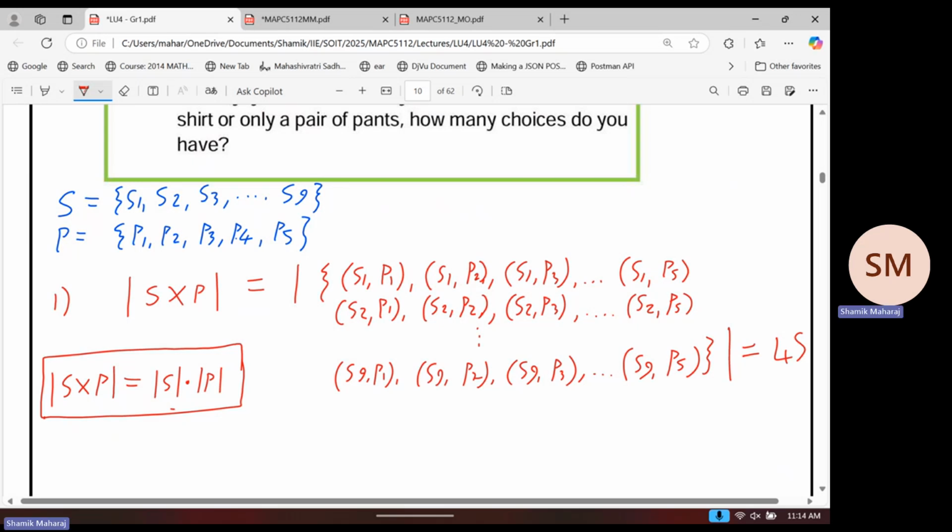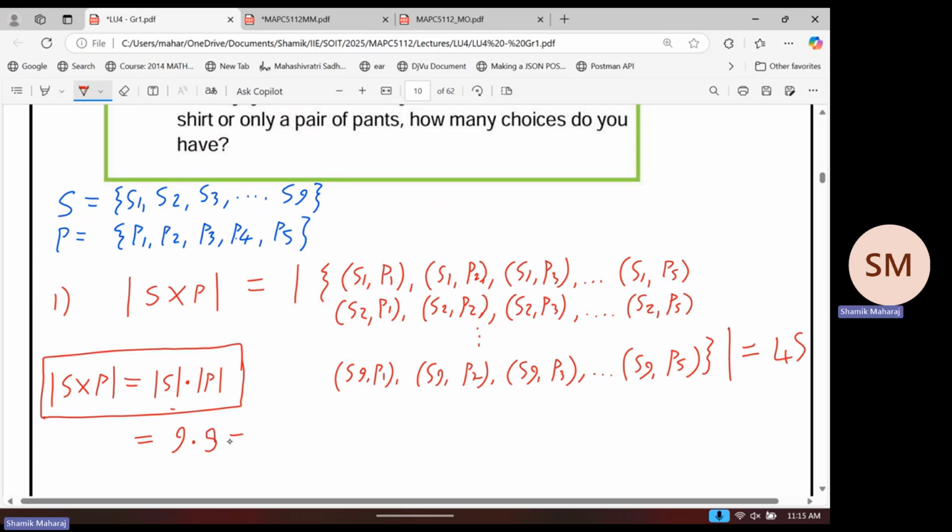Essentially we just have these two numbers, which you can easily work out because the cardinality of S is just the size of S. The size of S is 9 elements long. The size of P is 5 elements long, 1, 2, 3, 4, 5.